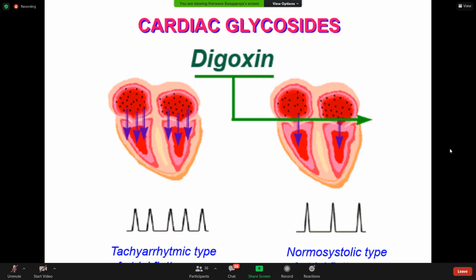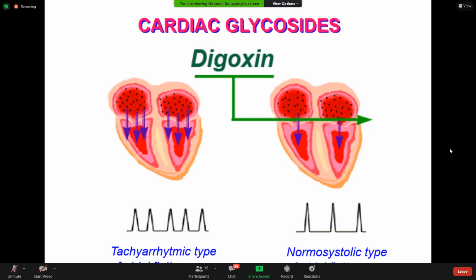And after this, the scientific method was developed, and for example, cardioglycosides were used not to stimulate vomiting or diuresis, but to increase cardiac contractility, and that's why they were used to treat heart failure.